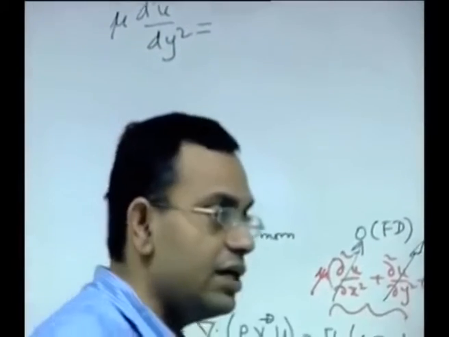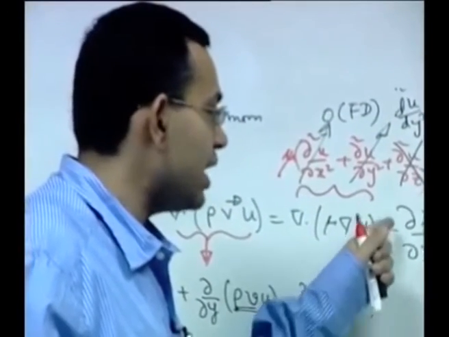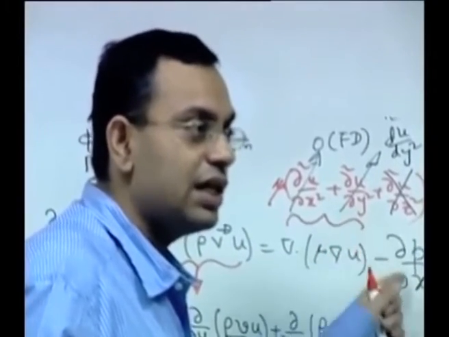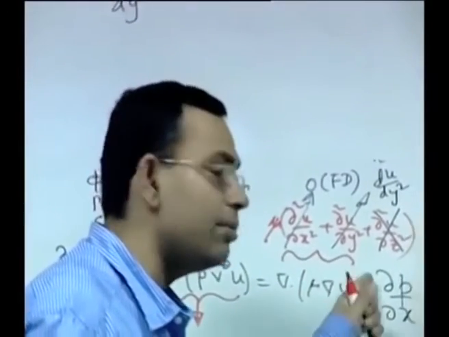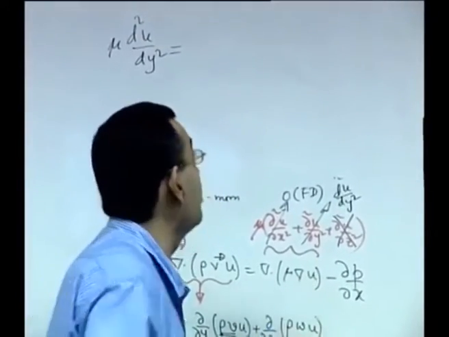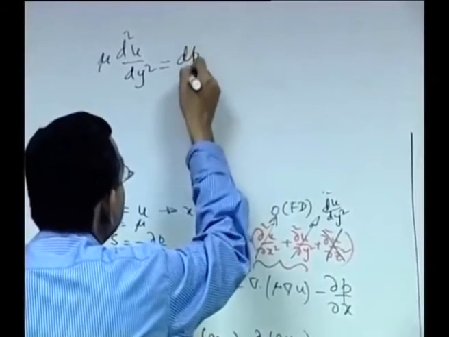Regarding the pressure gradient, we can use the y momentum equation to check that there is no pressure gradient along y. So, the only pressure gradient that acts along x, therefore this will become dp dx, instead of the partial derivative it will become the ordinary derivative. So, this is equal to dp dx.